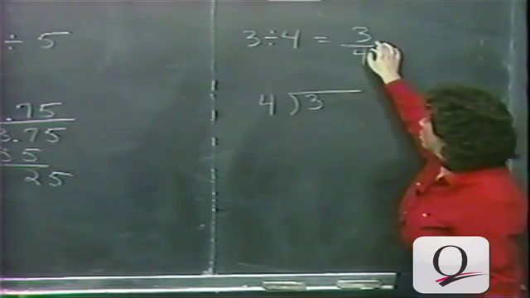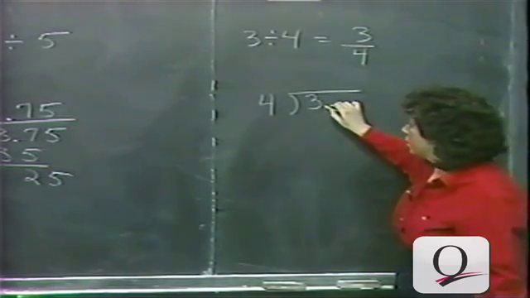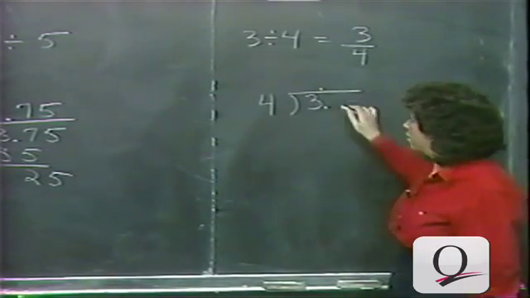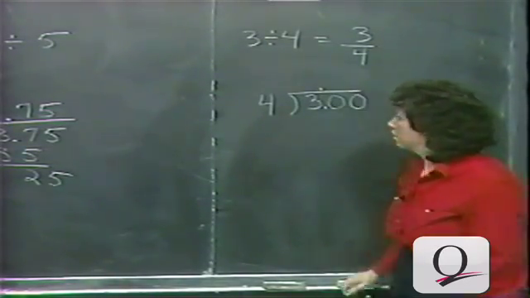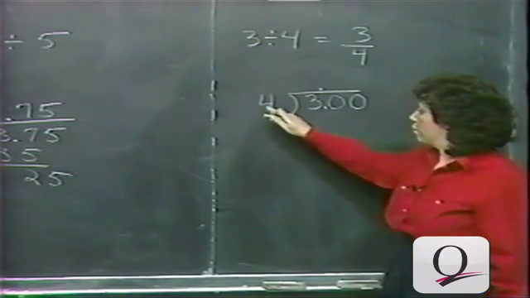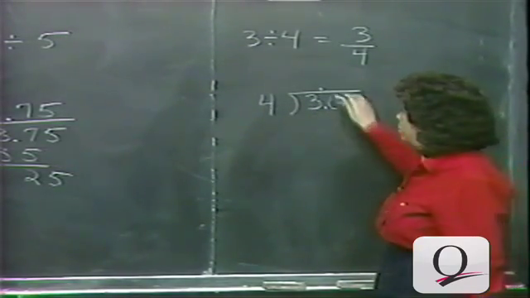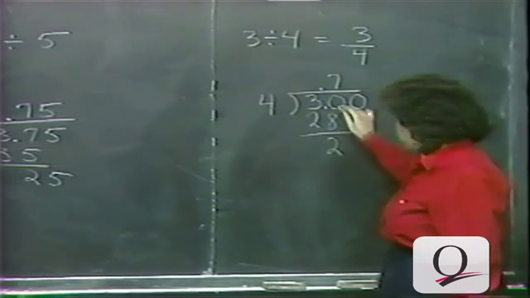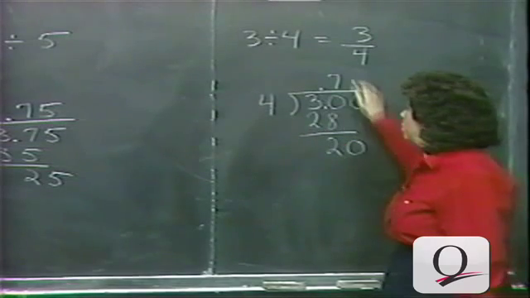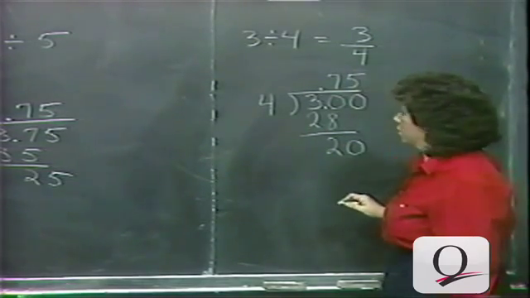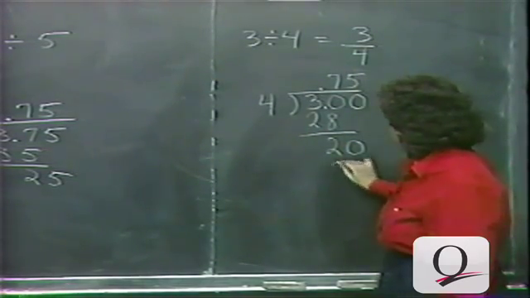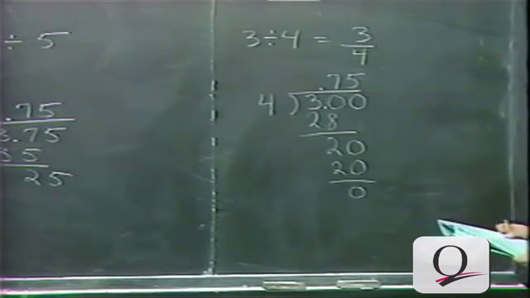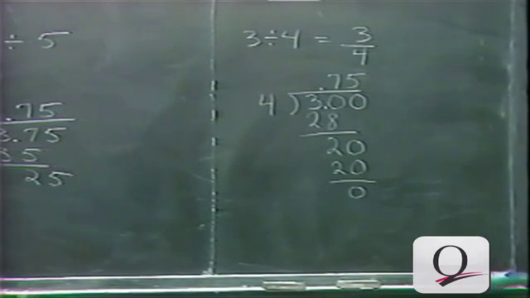Well, you may say there is no decimal point in the dividend, but if it's an integer, the decimal point follows the number. So the decimal point goes there. We will add zeros here to help us, and now we go 4 into 3. Now 4 into 30 goes 7 times 28. Subtract 2, bring down the 0. 4 into 20 goes 5 times. And we get 4 times 5, 20. So we have 0.75 for the answer here as well.